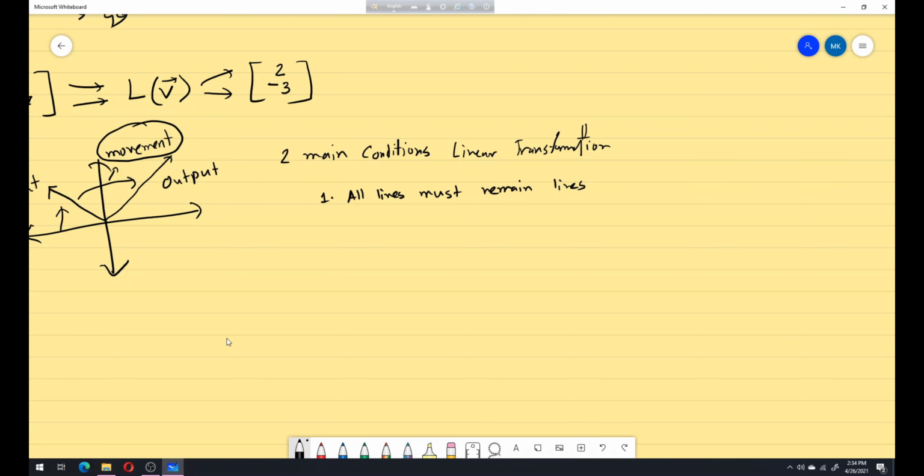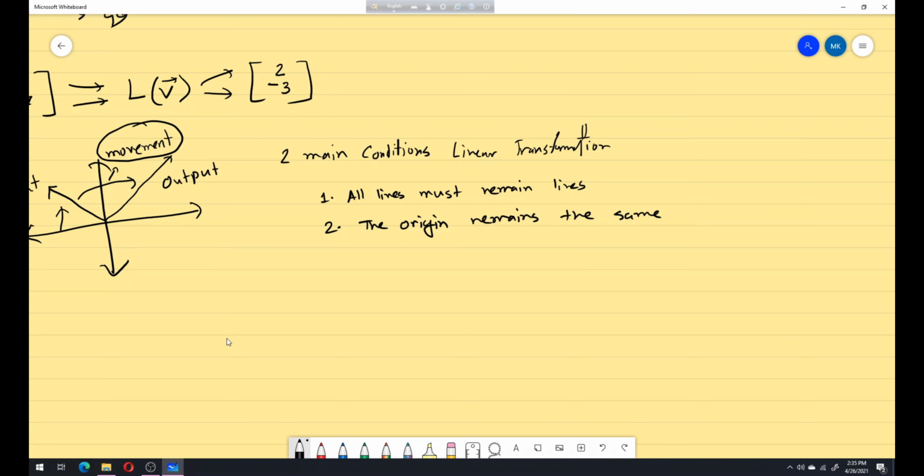No curve should be an output for a line input. The second condition is that the origin never changes. The origin actually remains the same.